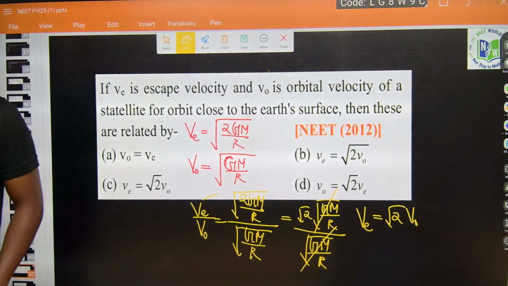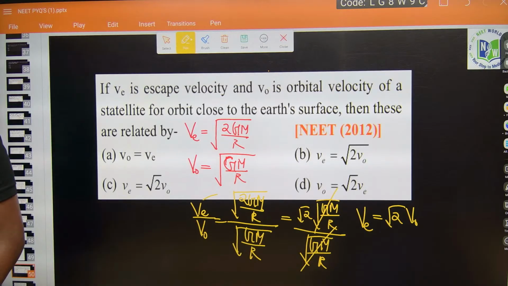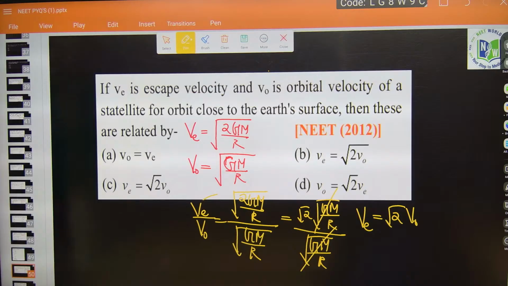Yeah, VE equals root 2 times V naught. That is the correct answer.